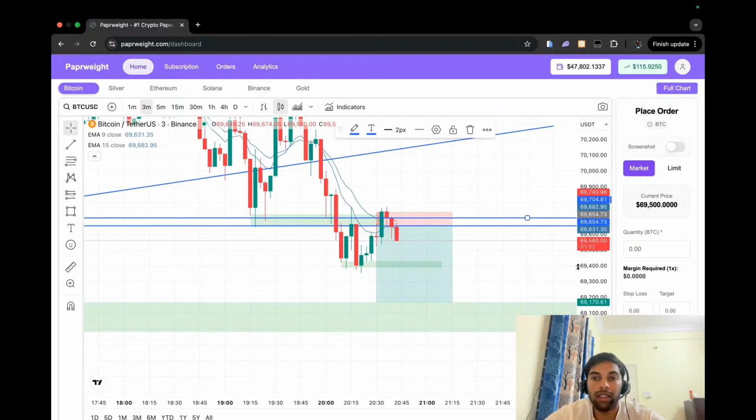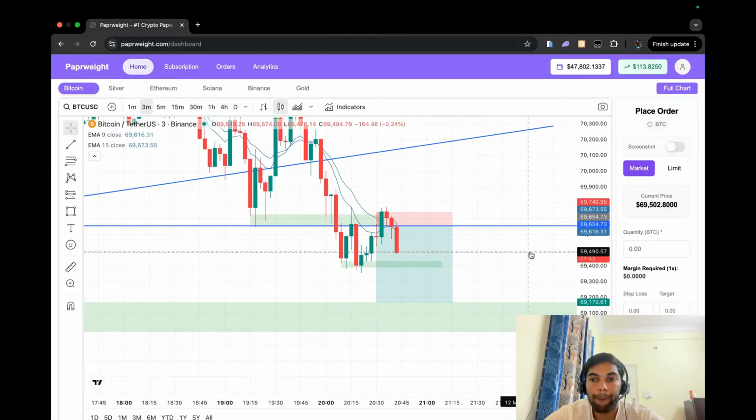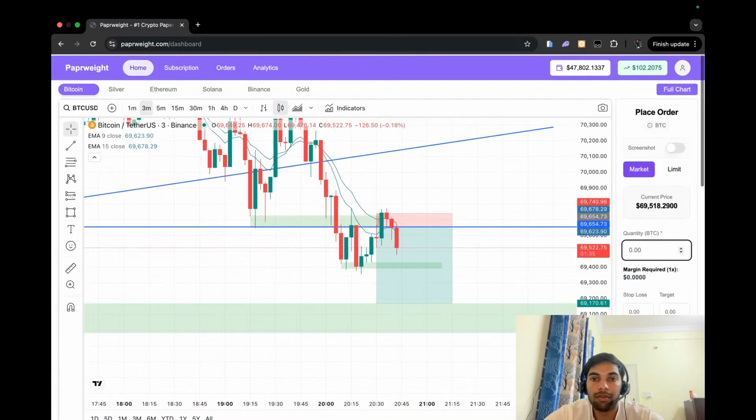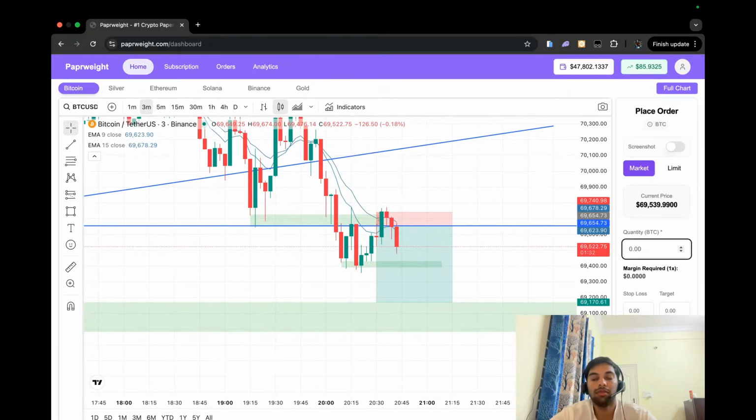Great. But now this candle has to sustain. The good thing is this candle has to sustain. Market is taking rejection again and again.